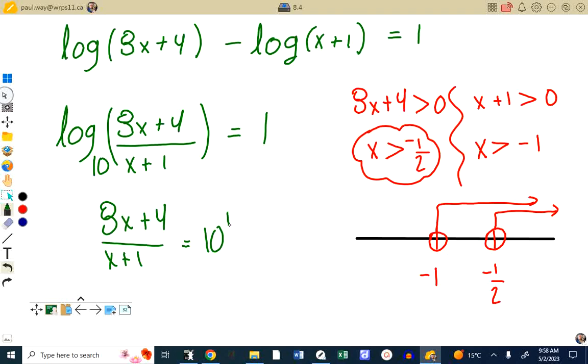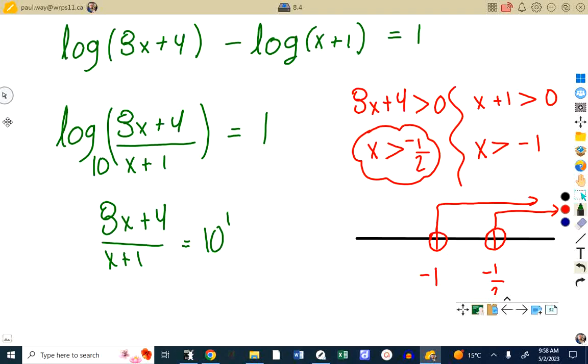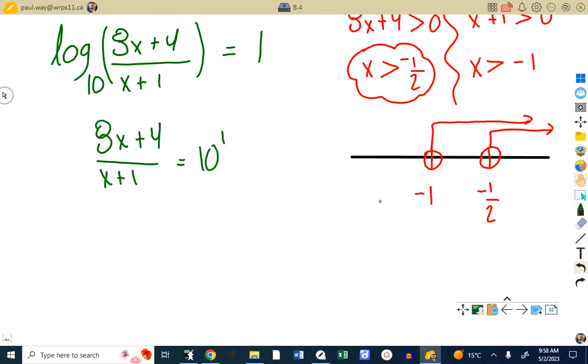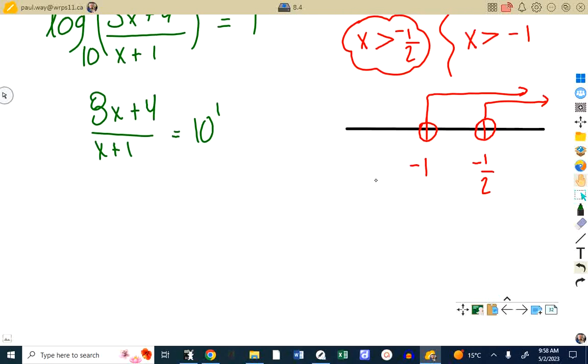We can multiply both sides of that equation by x plus 1 to eliminate the denominator, and have 8x plus 4 equals 10 times x plus 1. If you want to think about what I just did there as cross multiplication, feel free.